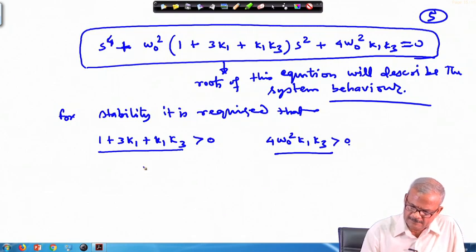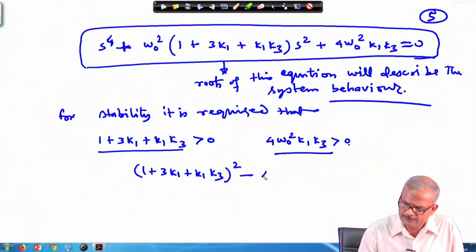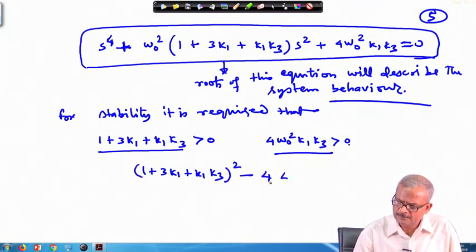In addition, 1 plus 3 k 1 plus k 1 k 3 whole square minus 4 times 4 omega 0 square k 1 k 3 should also be greater than 0.